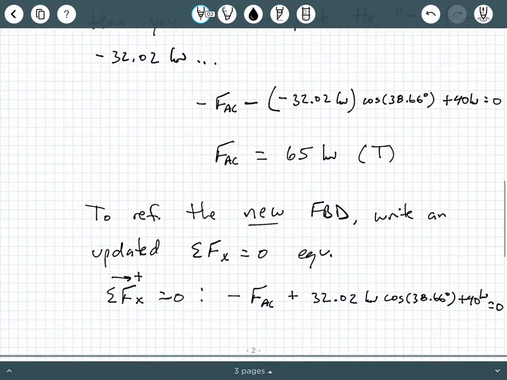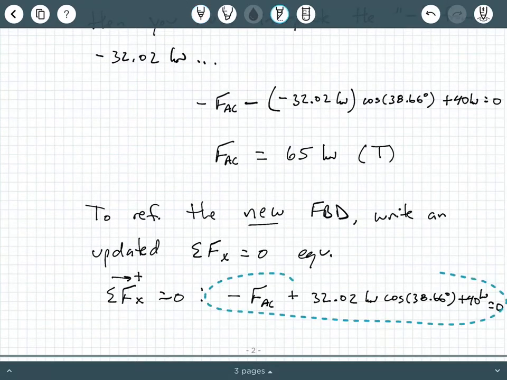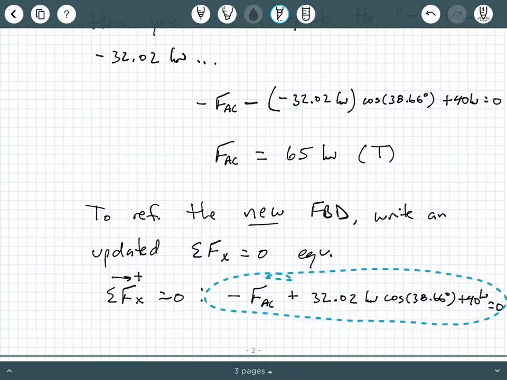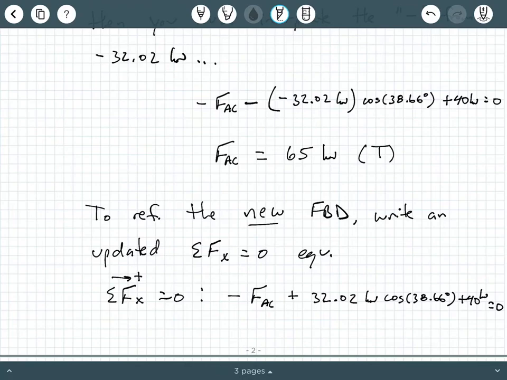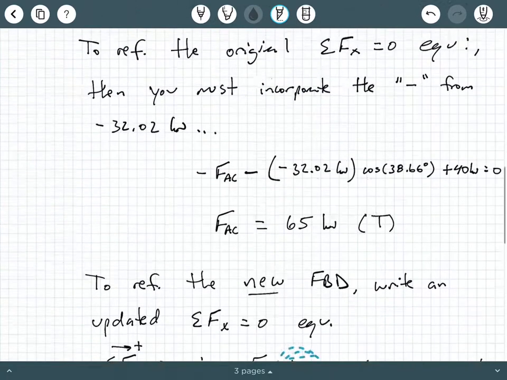Look at this. Does this equation come out to be algebraically equivalent to this one? The answer is yes. You have positive 32.02. Now, where in the world is this positive coming from?